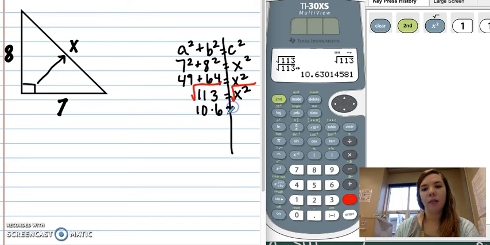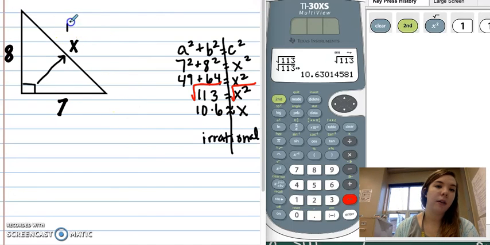Is approximately x. I changed to the wave equal sign since we rounded. We read that as approximately. And since it's a long decimal, this doesn't actually stop. It is irrational. This side length is 10.6.